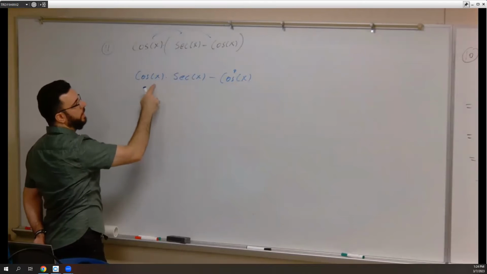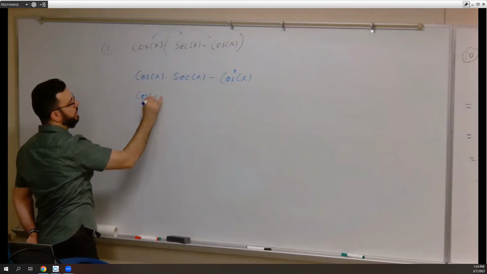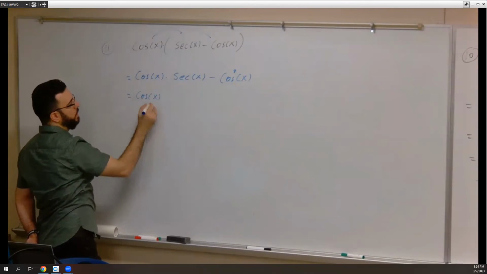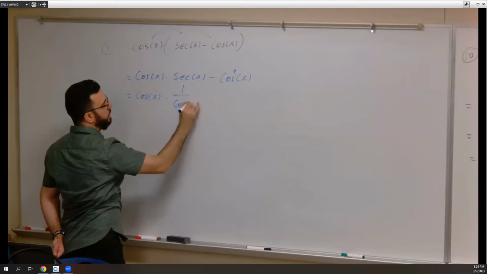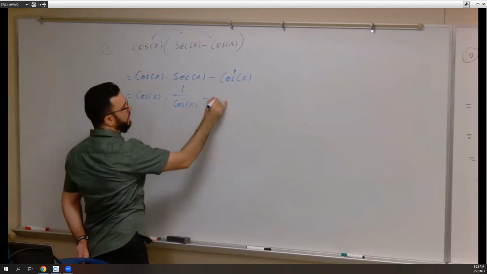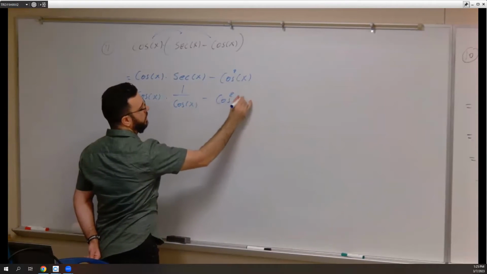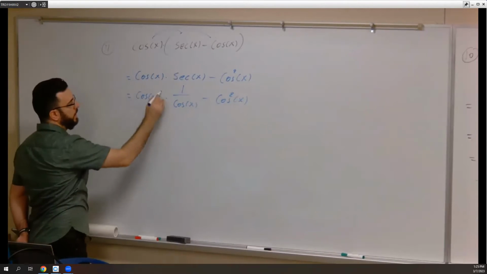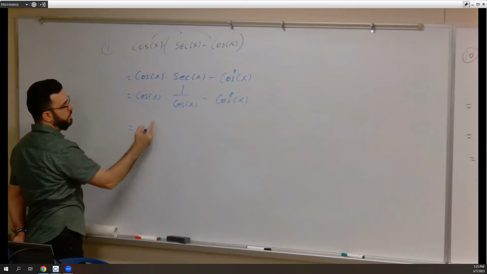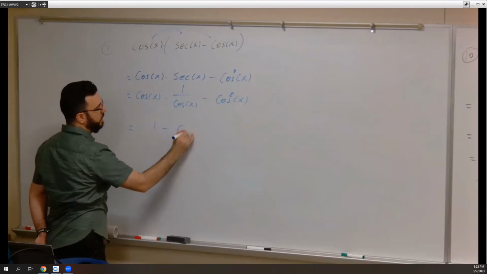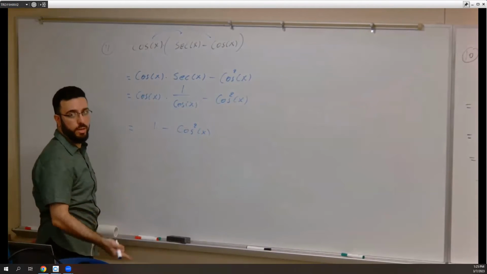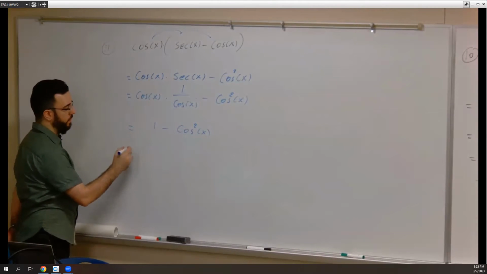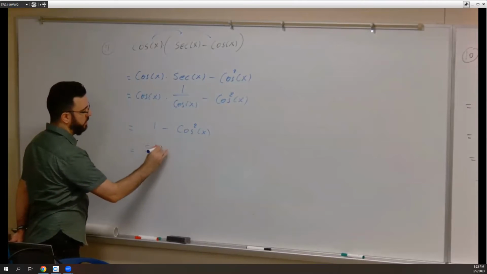Secant is 1 over cosine x, yes or no? Yes. Minus. Can I cancel these? What's left? 1 minus cosine square x, which equals sine square x.